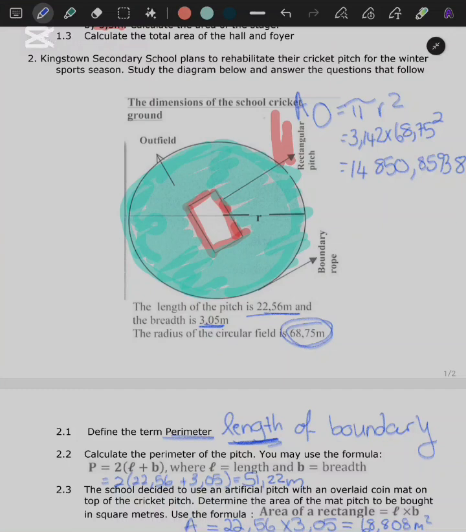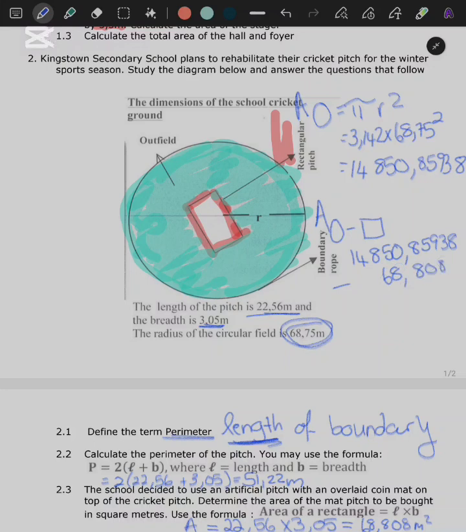And so we're going to go here and say, right, area of the circular area minus the rectangle. You don't have to show that, but I like to show what I'm doing at each stage. So 14,850,85938 minus my previous answer of 68,808.